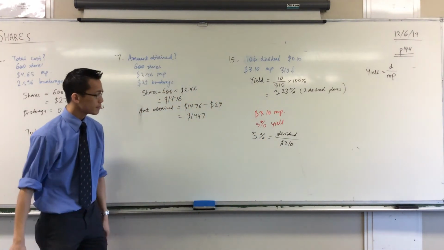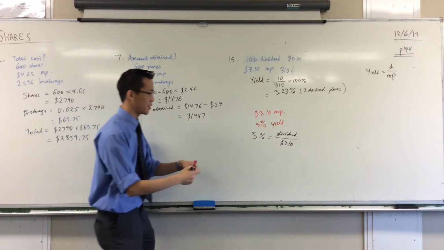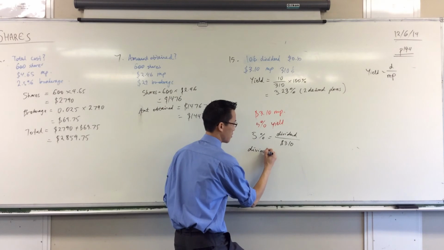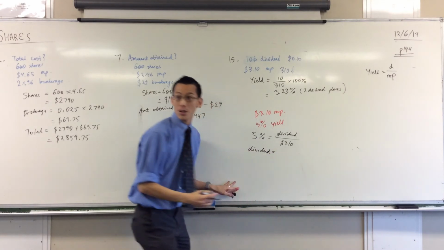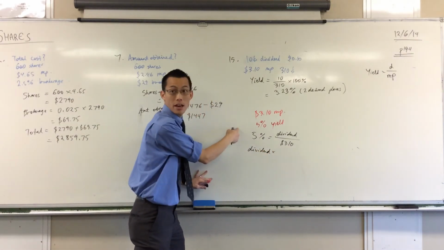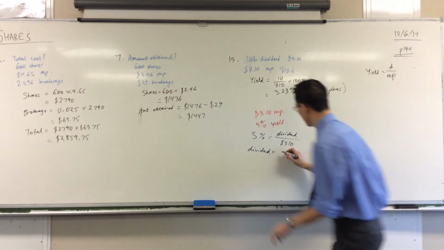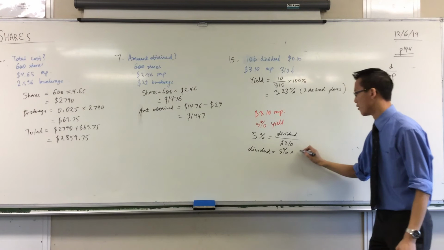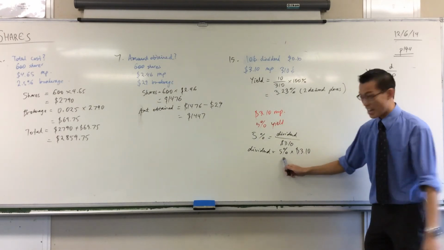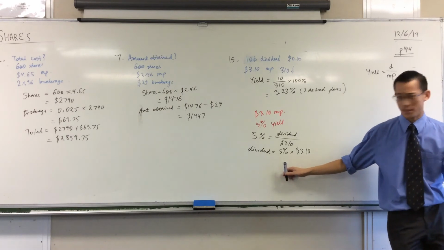Okay. So how do I get this? What's going to happen? I want to make the dividend the subject, right? Okay. So it's going to be, yeah, the $3.10 is going to come over here. I'm going to multiply by that, right? So it'll actually be 5% of $3.10. Well, that makes sense, doesn't it? In your calculator, that'll be 0.05 because you put it in as a decimal.